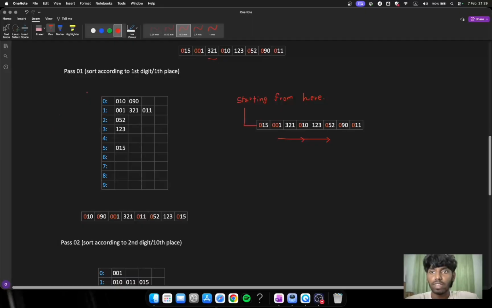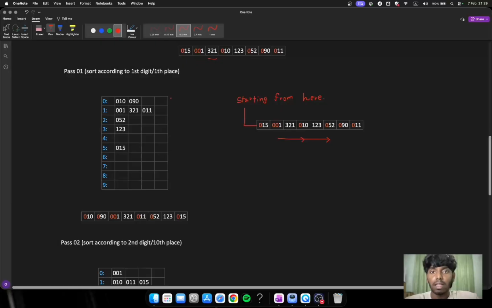We have the buckets right here, starting from 0 to 9, so we have 10 buckets. For the first pass, we're going to look at the ones place of the numbers from the array, which means the least significant digit.